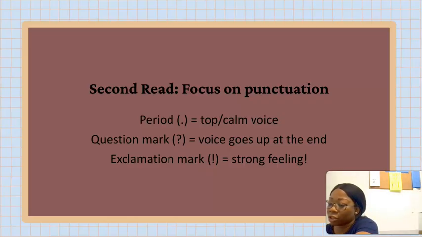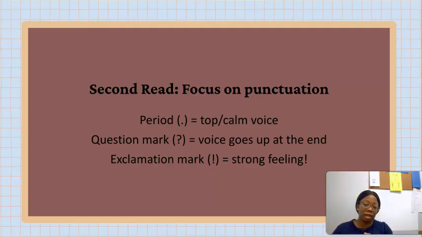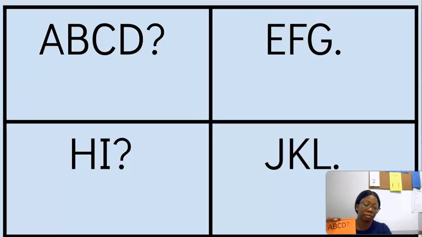All right, so I'm going to show you some punctuation ABC cards. All right, the first card. A, B, C, D. Okay. E, F, G. H, I. Good.